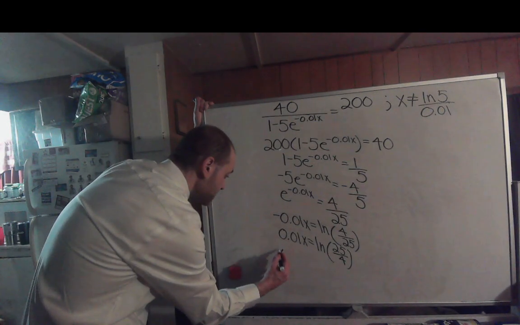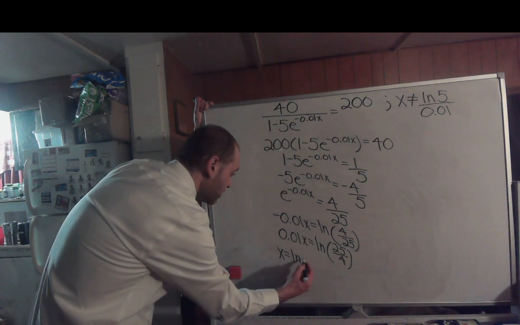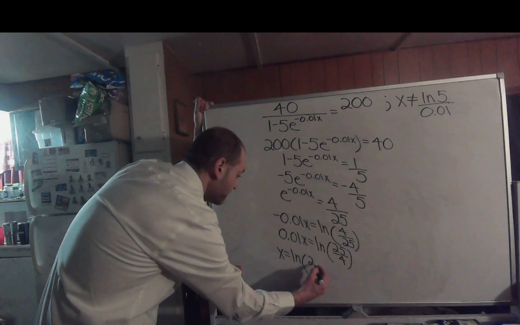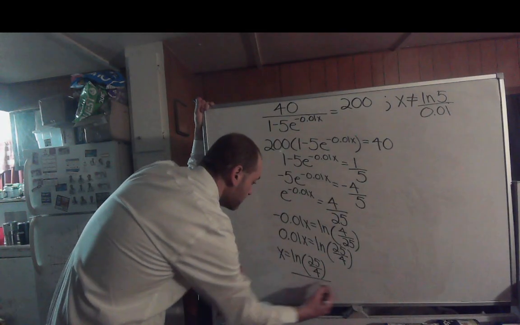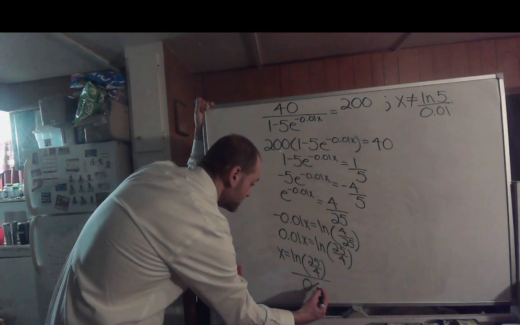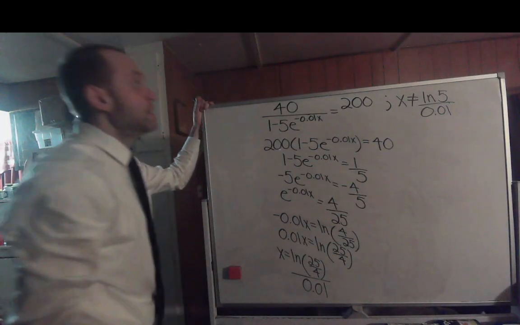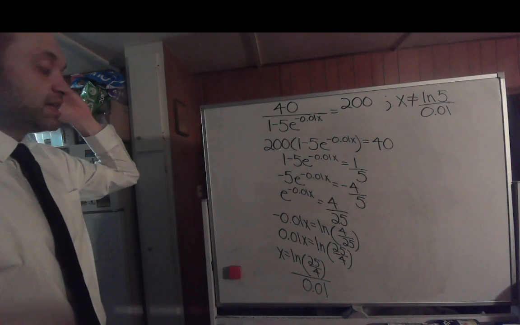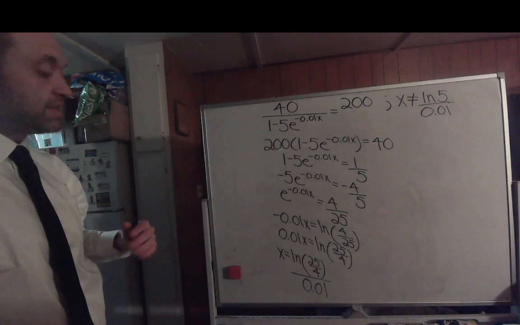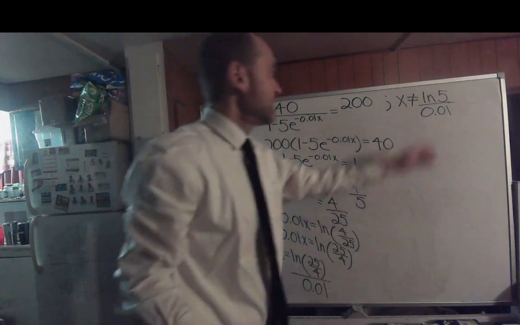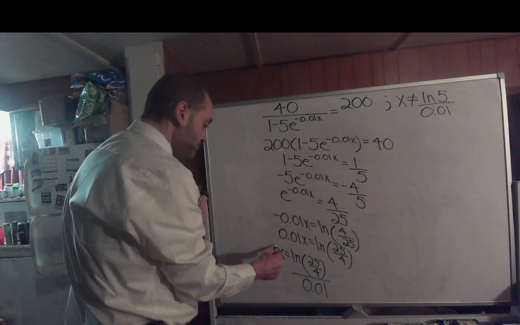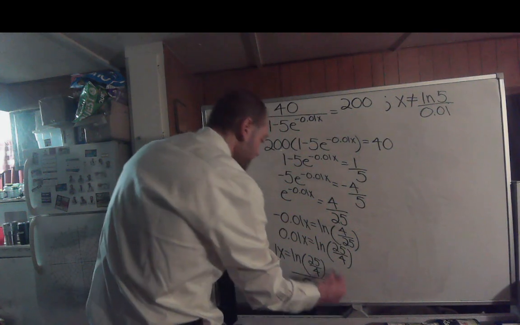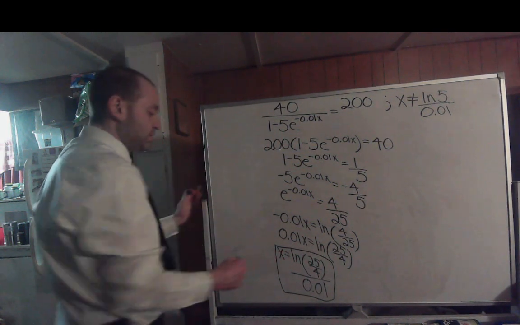So x is going to equal the natural log of 25/4 all over 0.01. So at the very least, we did not get an extraneous solution. So that's a very nice thing. We didn't get the extraneous solution.